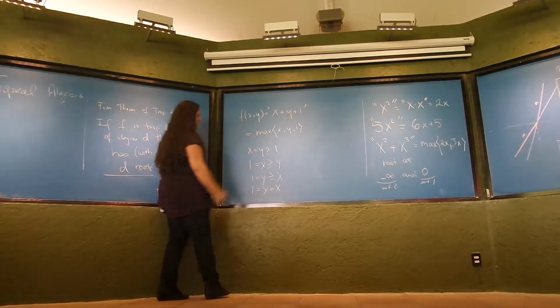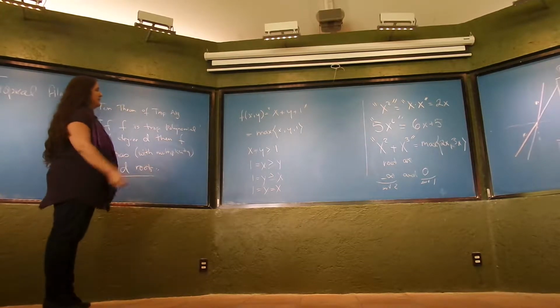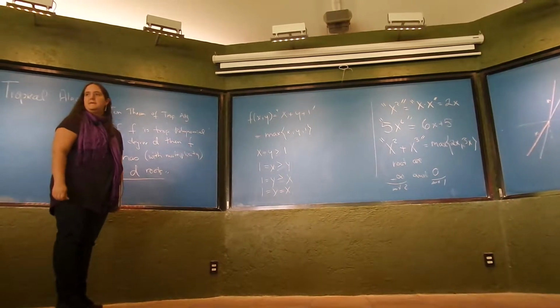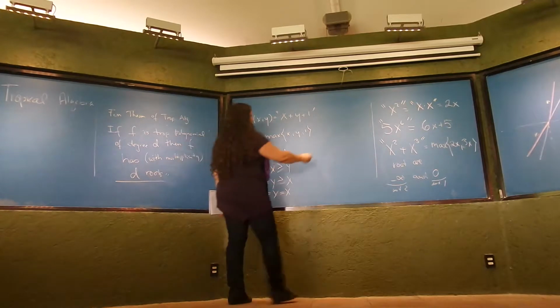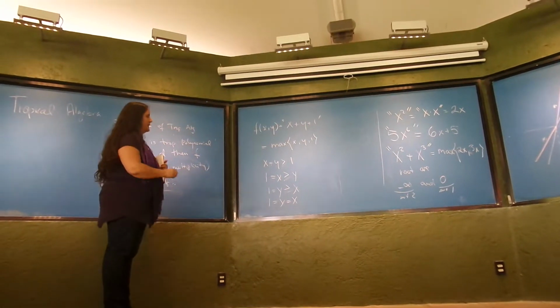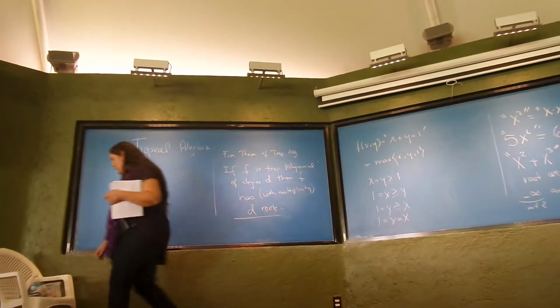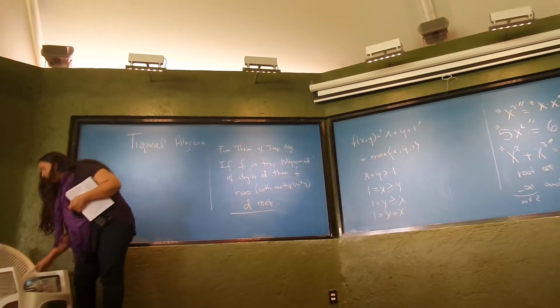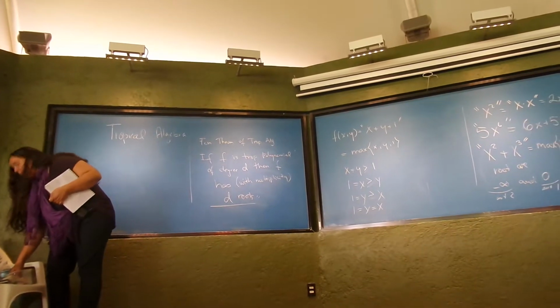Okay? And then we need this set. The union of these sets will be the tropical line. Then the width.